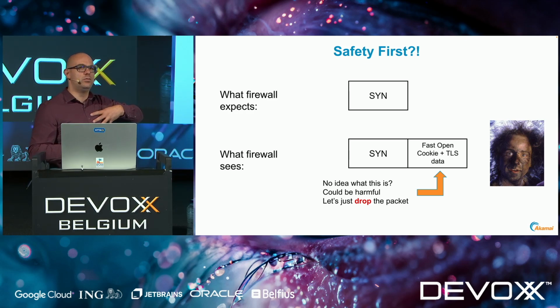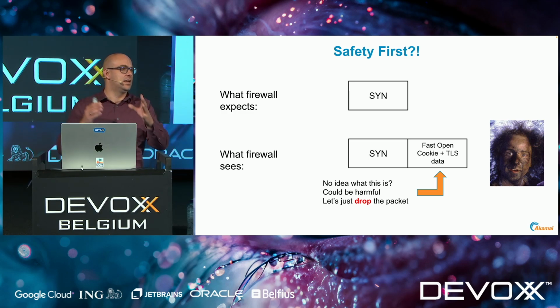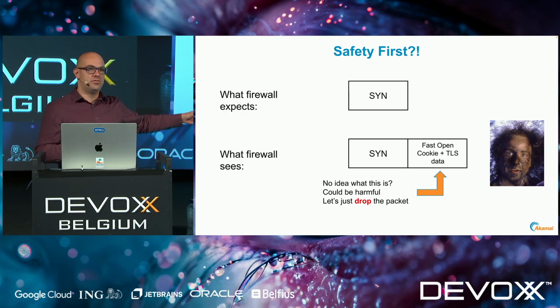Now we know that extra data is actually the TCP fast open extension and that TLS handshake data. The firewall does not. The firewall sees random garbled data, which could be valid, or it could be an attacker trying to smuggle some data past its defenses. So the firewall, of course, has no choice but to be very conservative. It has to drop this unknown packet because it could be an attack.